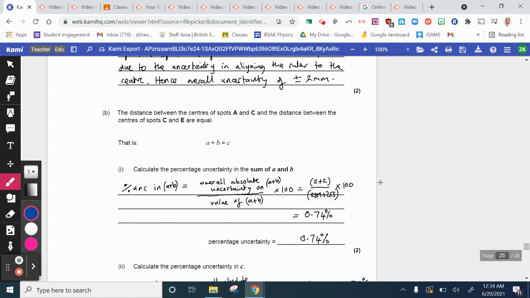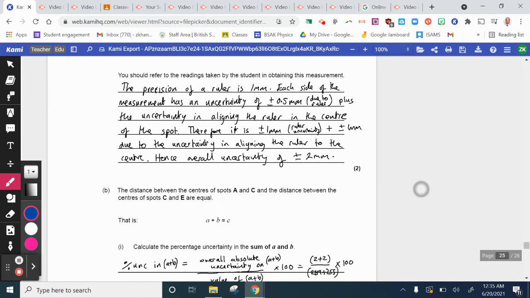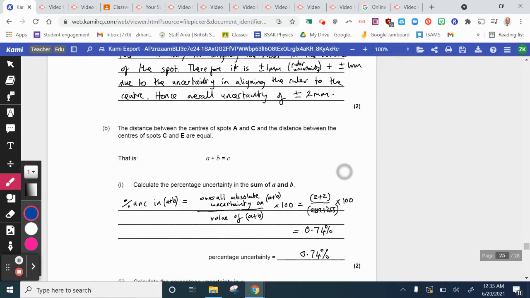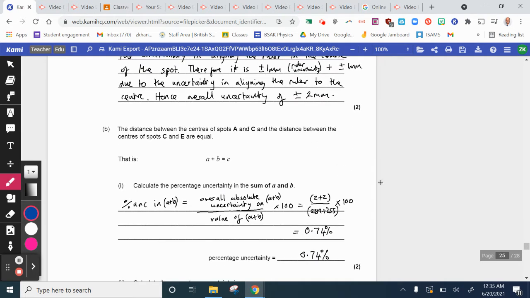The overall uncertainty on A plus B is the sum of the two uncertainties, because there's an addition sign there.